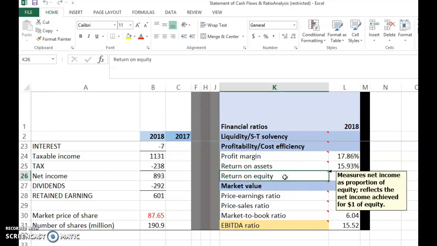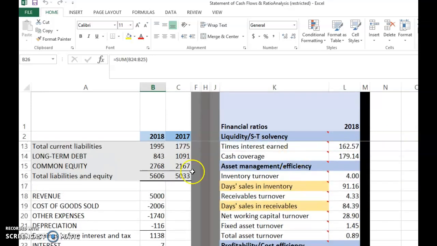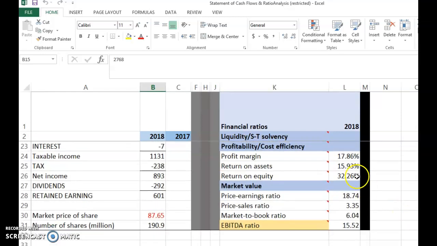Now this one is ROE, return on equity. The formula is net income divided by total equity. Equity here is 2768. So you divide that, you get 32.26%. Again, this is a proportion, a percentage. This means that net income is equal to 32.26% of the company's equity for the year 2018.